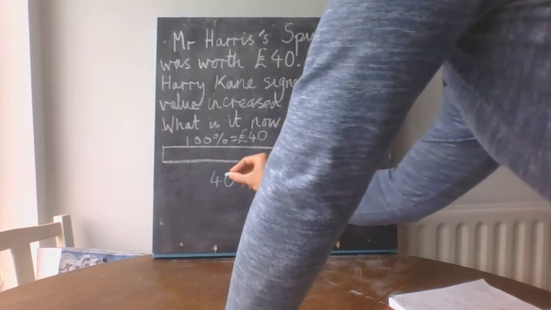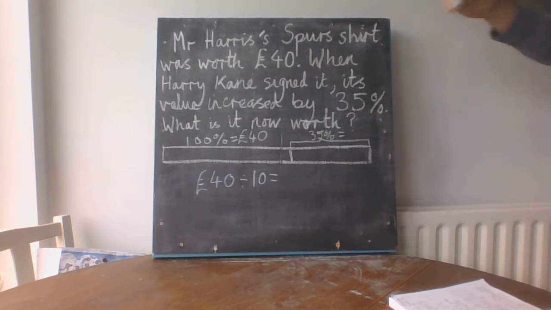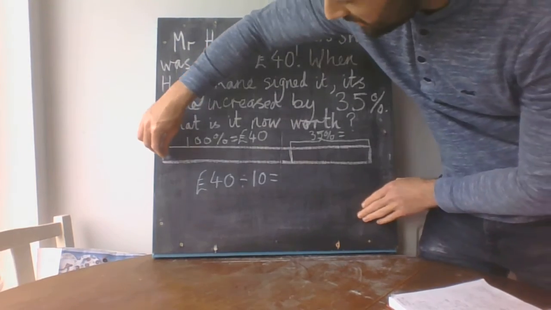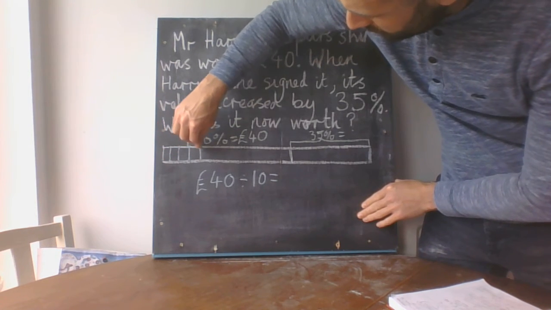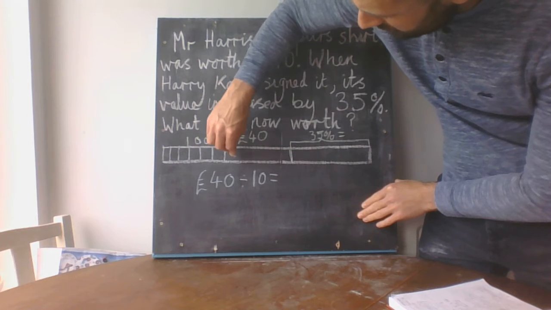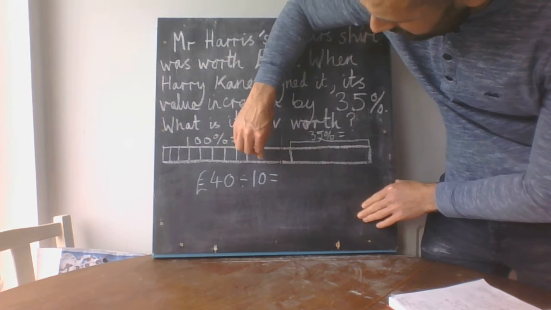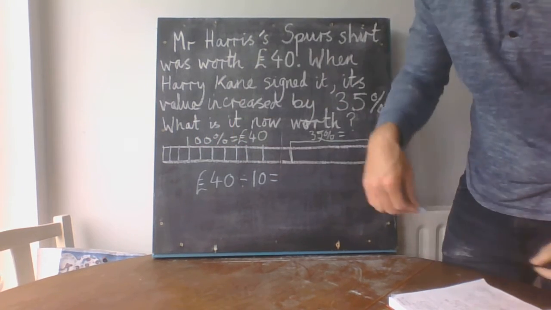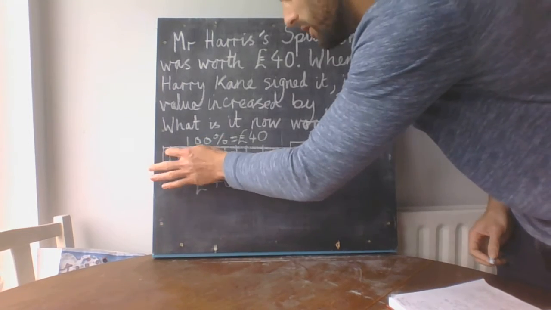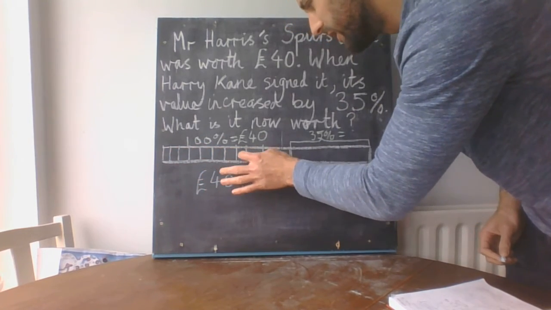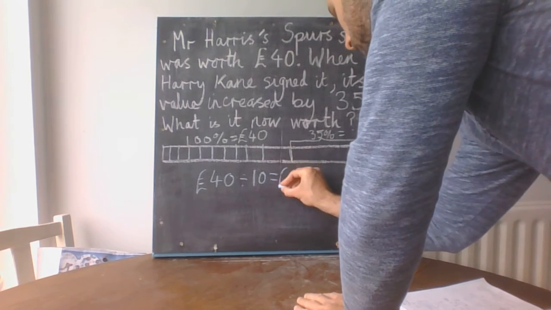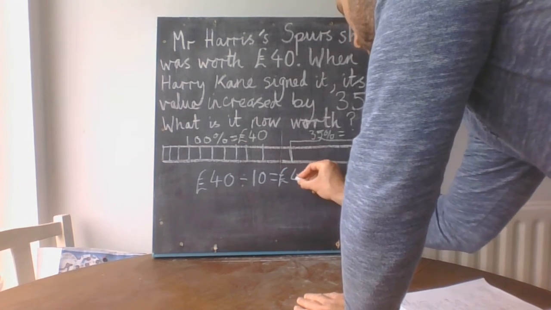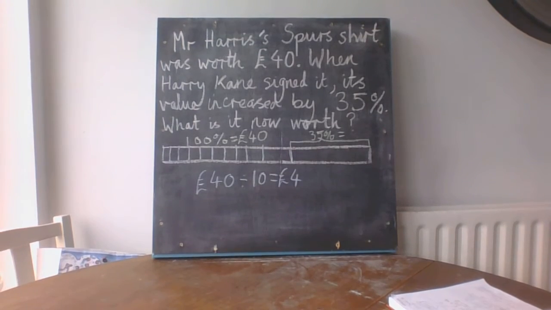So we're going to do £40 divided by 10. I'll show that in the bar model. We break it down to 10 equal parts. 1, 2, 3, 4, 5, 6, 7, 8, 9, 10. Okay, let me just check. And of course, 40 divided by 10 is £4.